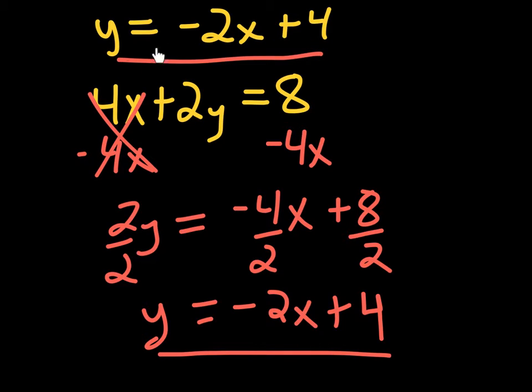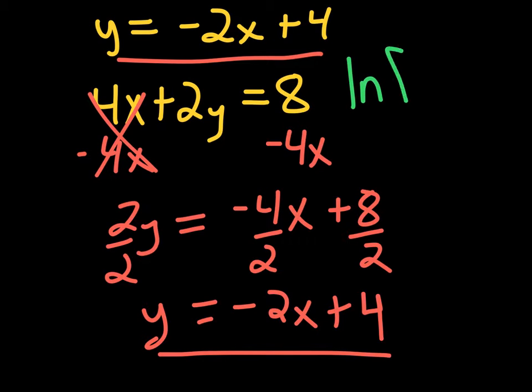If you were to graph these, what would happen? You would graph this one, and then you would graph this one, and it would be what? The exact same line, wouldn't it? These two lines are going to lay right on top of each other, meaning that there's infinite solutions.